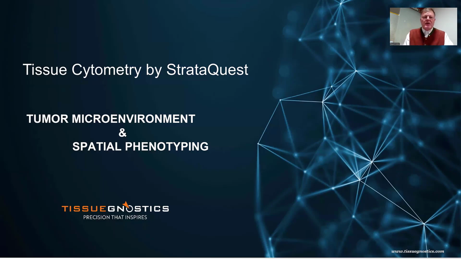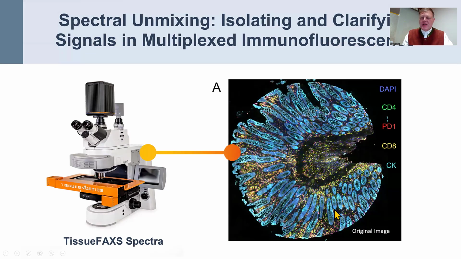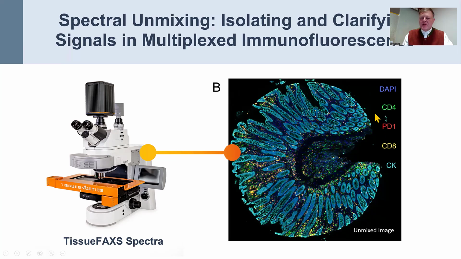The applications also cover the analysis of tumor microenvironment and what we call spatial phenotyping. We see here an example of a multispectral staining of colorectal cancer using our TissueFAXS Spectra with the liquid crystal tunable filter. After unmixing, you get very clear and spectrally distinct staining patterns of this immune checkpoint staining.